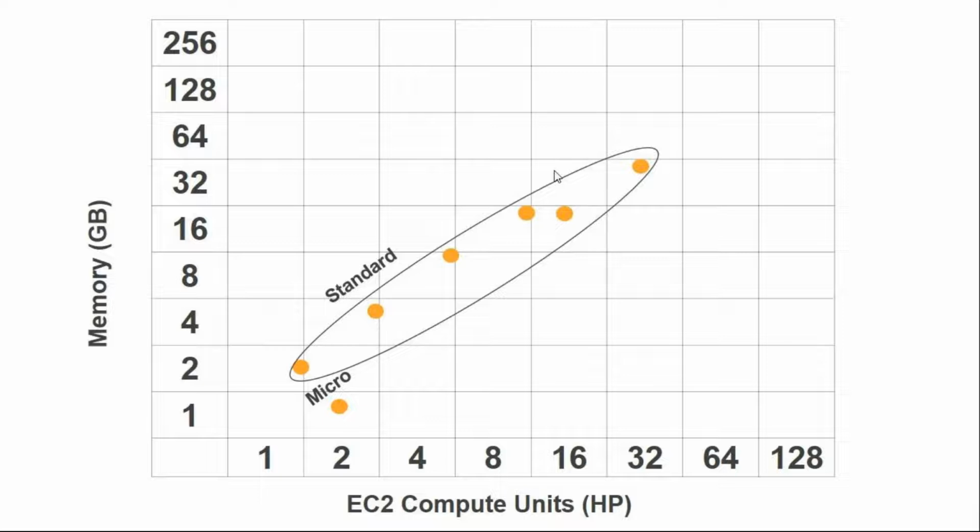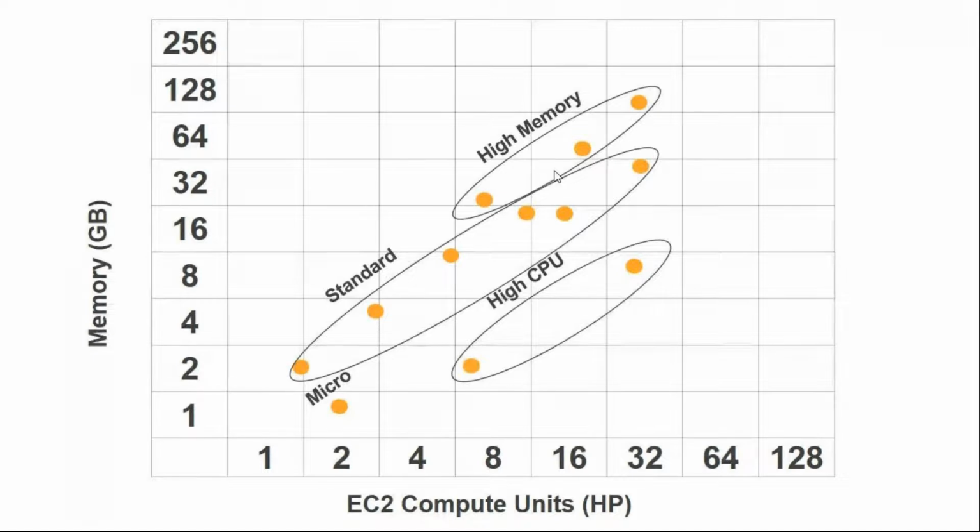If you see in this graph, the EC2 instance comes with 14 different types of machines. Whatever our requirement is, if our requirement is less, we can use a micro machine.